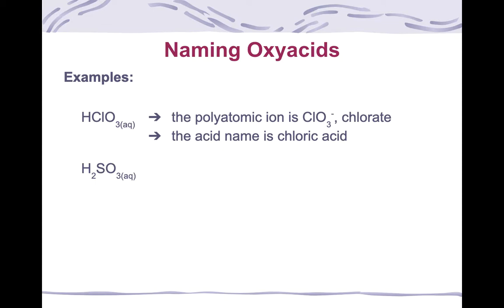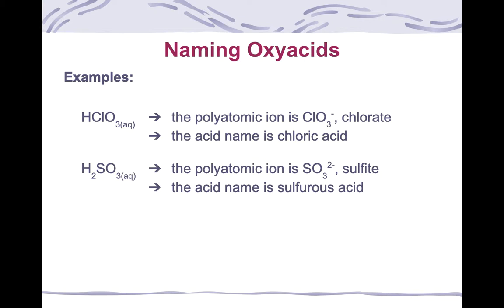Next example, identify the polyatomic ion. This is SO3, which is sulfite. So we're going to call this sulfurous acid. There's a little bit of a change there because we add back in that sound. It's not sulfous acid, but sulfurous acid. It just sounds a little better.